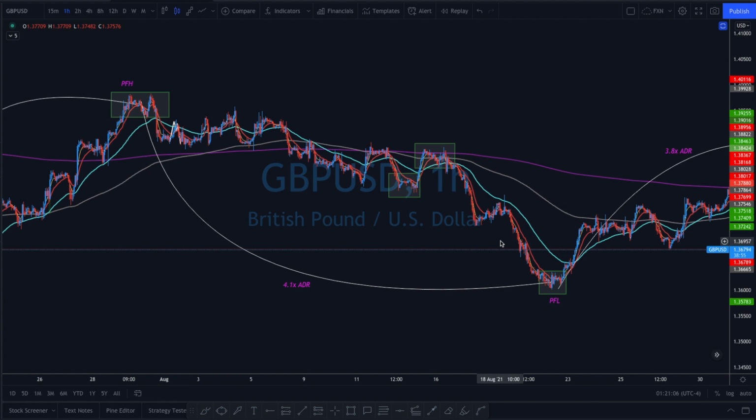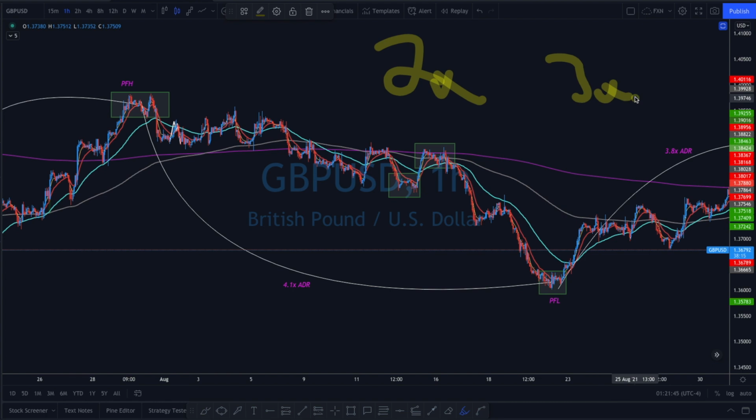One cycle is 2.5, the other one may be 2.6 or something of that nature.